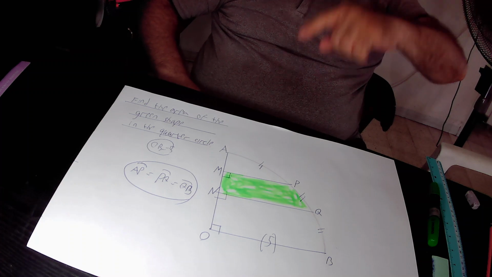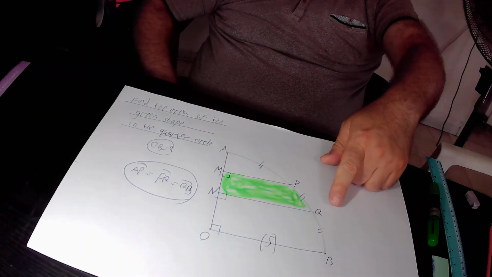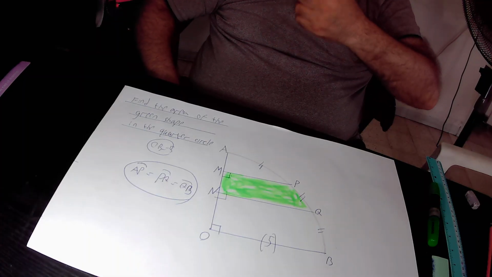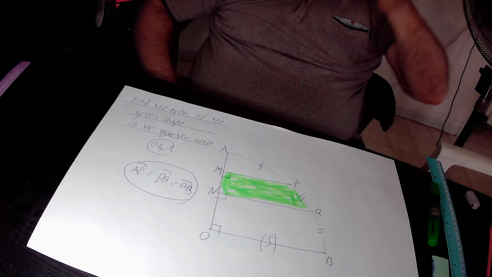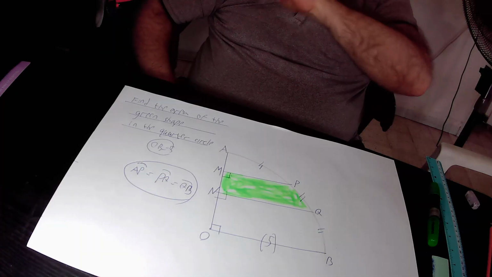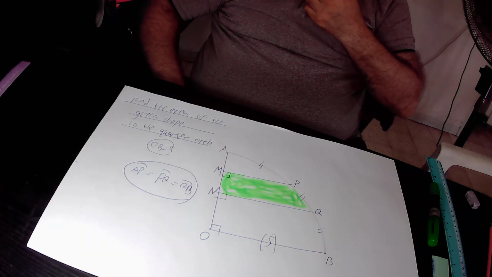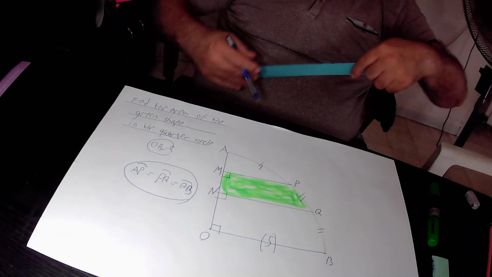In addition, we know that arc AP equals arc PQ equals arc QB. That is to say, the arcs are equal to each other in their lengths. And our mission is to find out the area of this green shape. So first of all, we join points O and P together by a straight line.